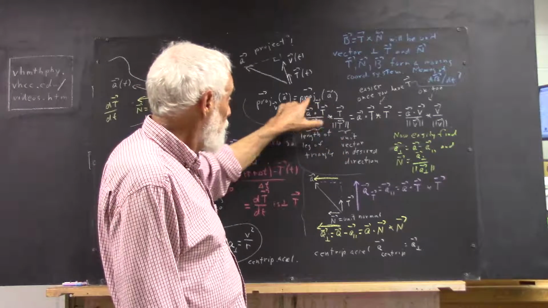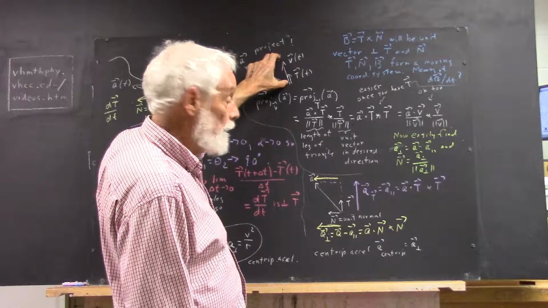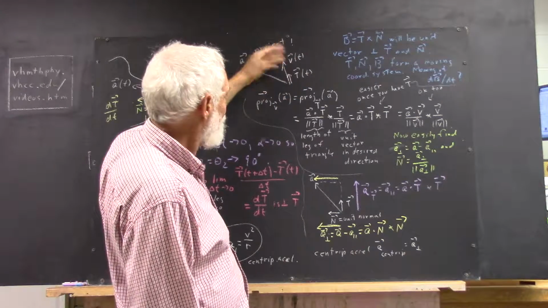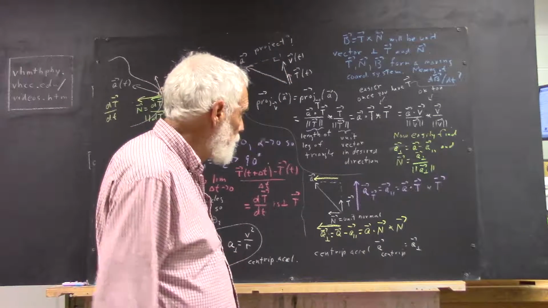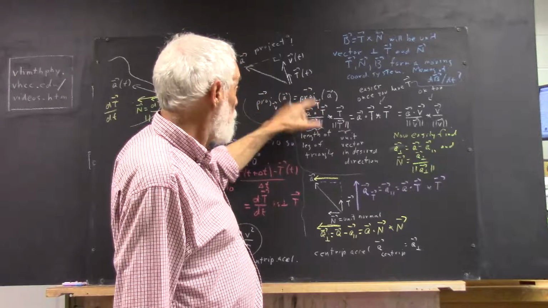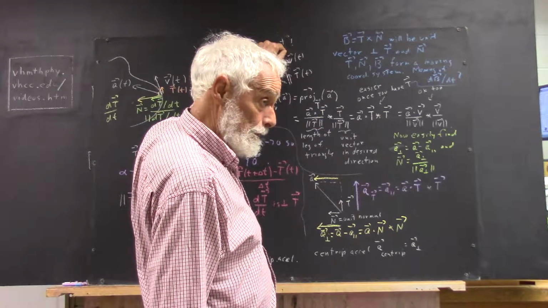Okay? This being the length of this side of the triangle, negative if this happens to be in the direction opposite T. Length of this side multiplied by the unit vector in this direction gives us the projection vector from here to here.